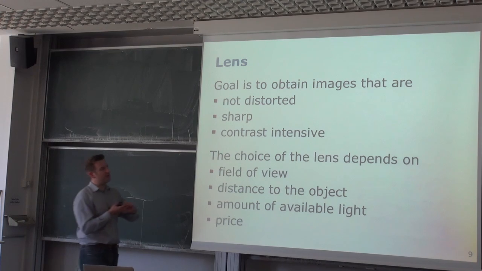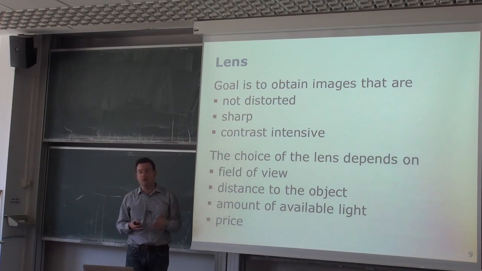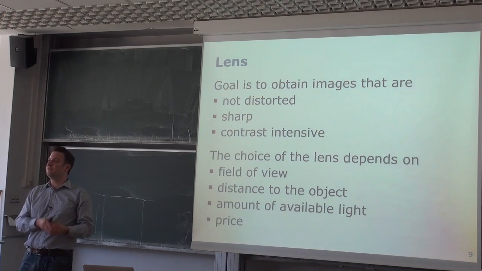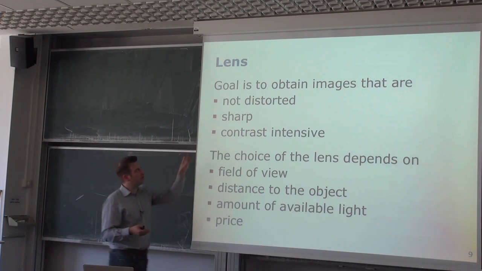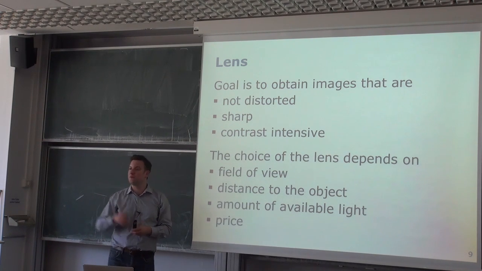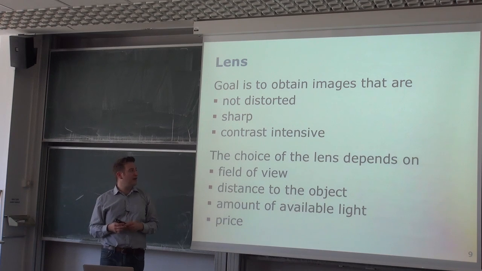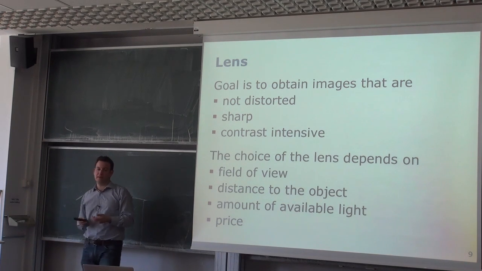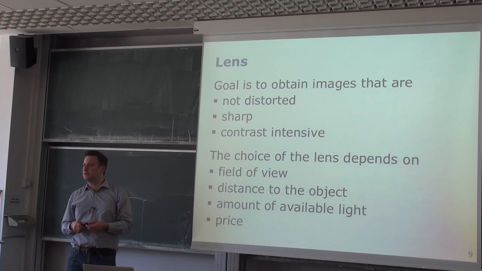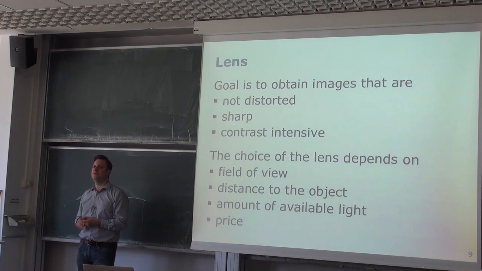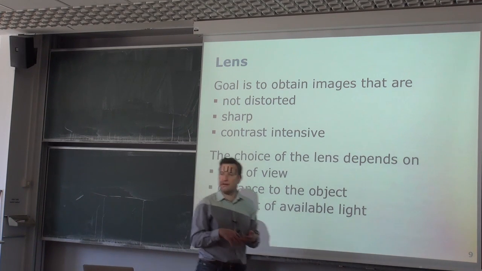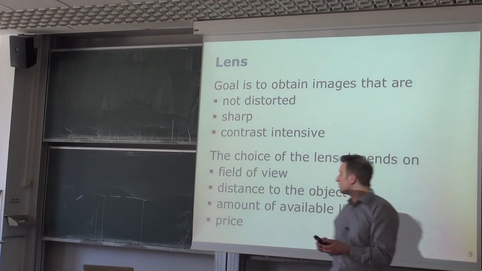Of course, it also depends on other aspects of the camera. For example, the chip itself also has an influence on the contrast. But from the lens point of view, these are the three goals that we have when we select our lens. However, for the choice of which lens we actually buy and attach to our camera, there are different parameters that we need to take into account. The first one is the field of view. So what is the field of view of the camera? It's strongly related to how far the camera is away from the object that I'm actually considering.